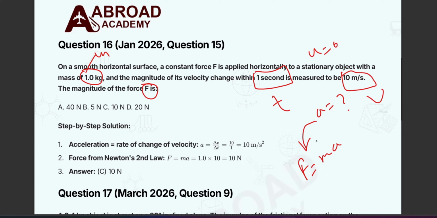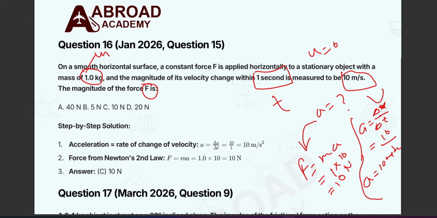We know a equals del v divided by del t. Del v is 10 and t is 1, so a is 10 m/s². Now m is 1 kg, so 1 into 10 will be 10 Newton. So the answer, 10 Newton, is C.